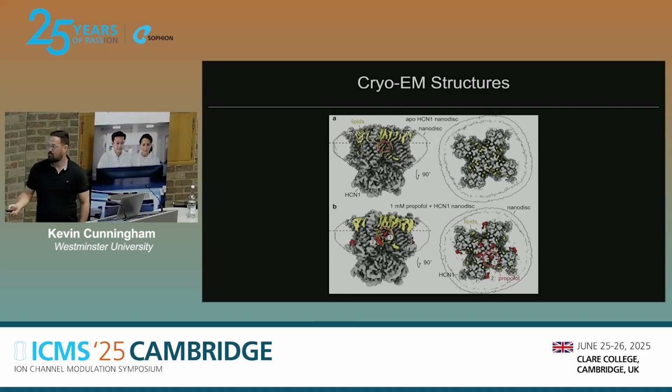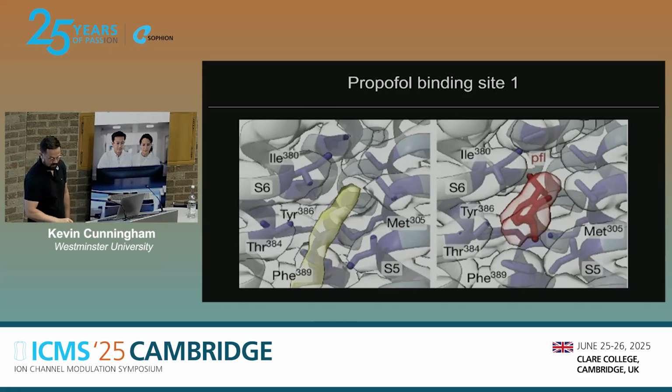And with Propofol bound to the wild type channel, it highlighted 2 different sites. So we were interested to see what's actually going on at these sites. So we geniusly named them Site 1 and Site 2.